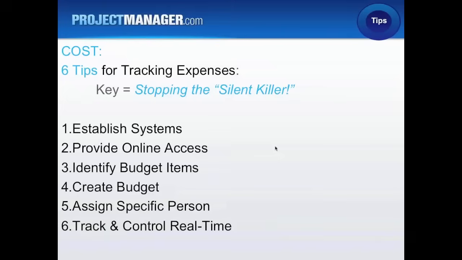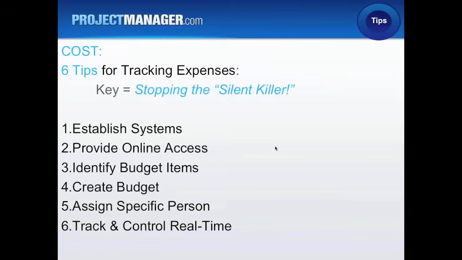So we have found that if you establish systems for tracking them, like maybe people track their time and expenses, their travel and airfare, in either project management software or even Excel, something that the team members or the people who are incurring the expenses can use to track these and get them to the project manager. Number 2 is providing online access.